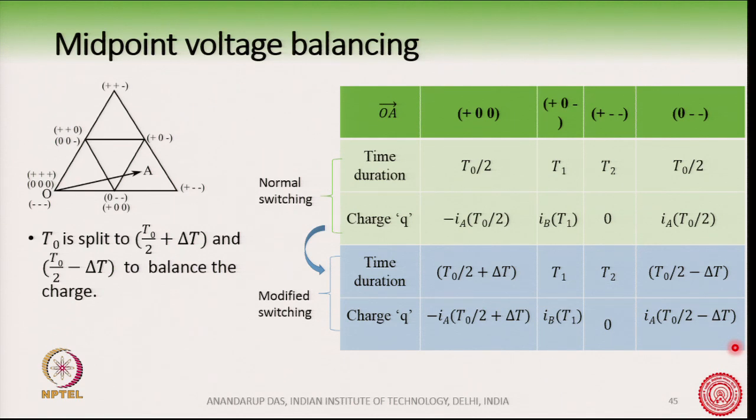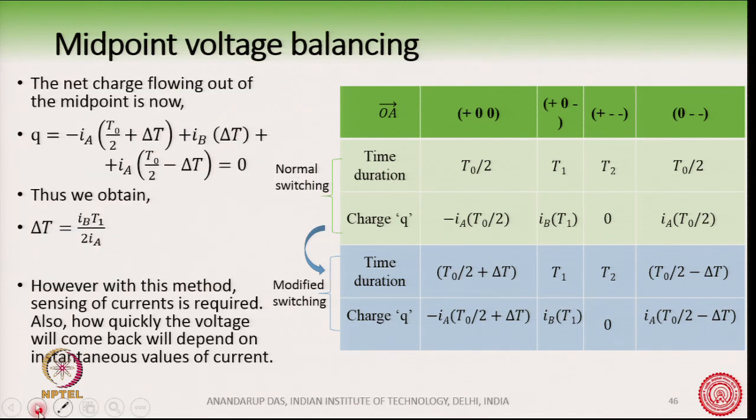So, now we can equate. What can we equate? The net charge flowing out of the midpoint Q is minus Ia times T0 by 2 plus delta. This is for the plus 0 duration here. For the plus 0 minus duration, we have Ib into delta T, this one coming. For this duration, there is no fluctuation, so we can ignore that one.